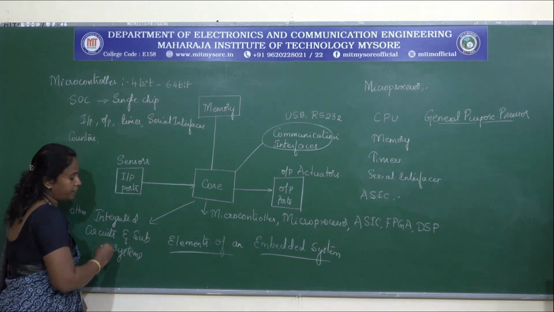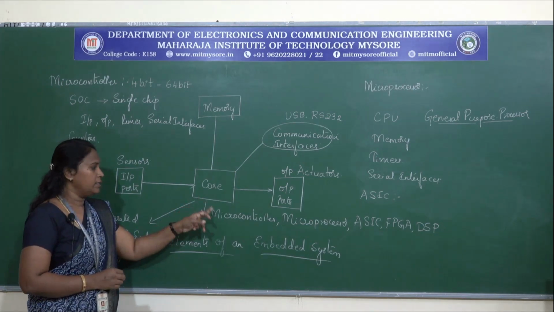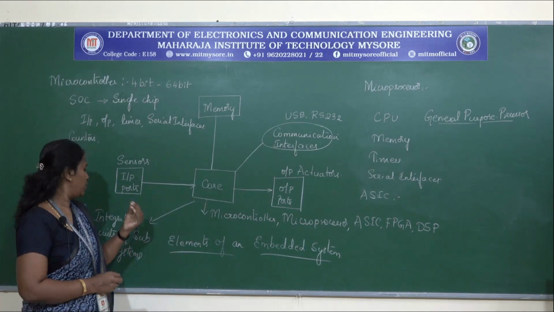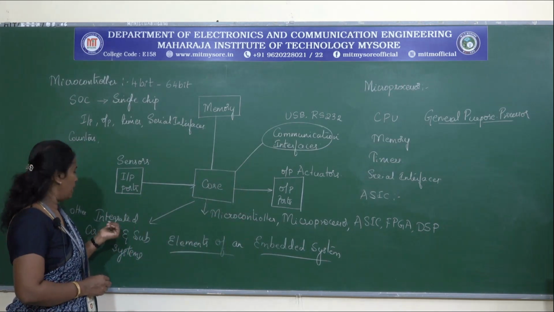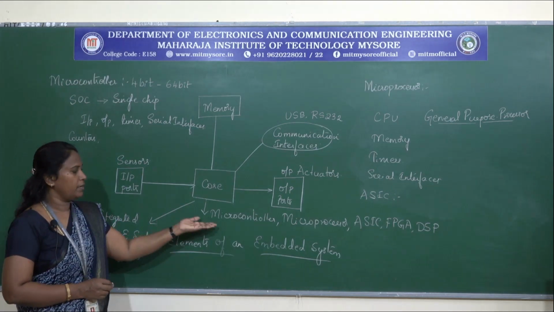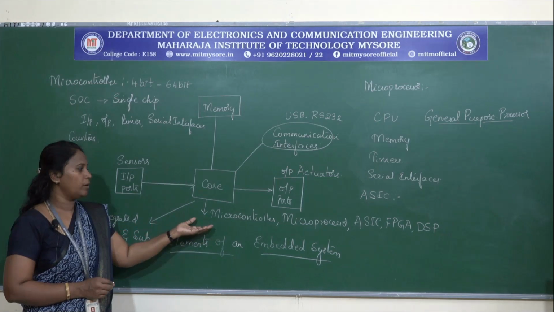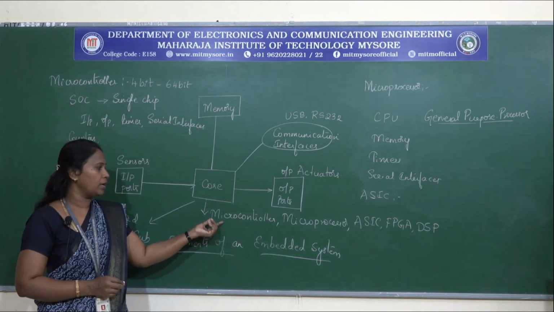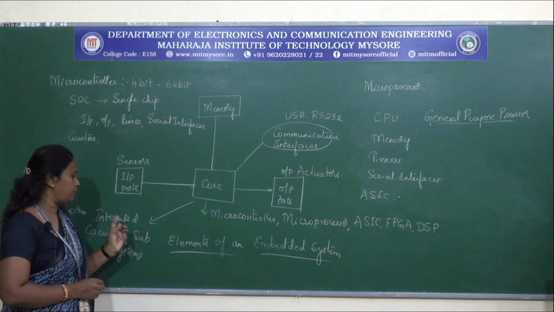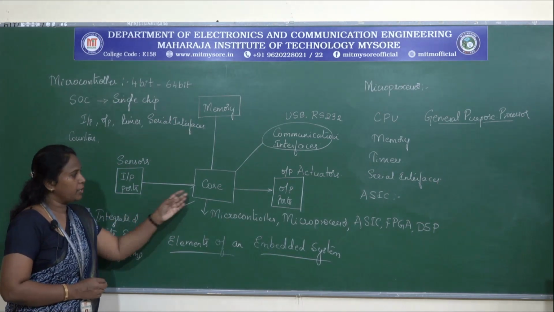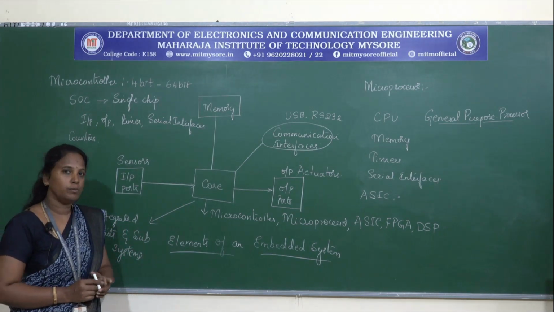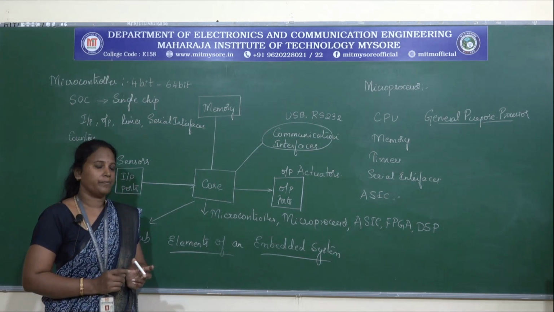That means other than your controller, processor, ASIC or DSP, we can also integrate other ICs if its operation cannot be controlled by using only a controller. Then additionally we can also go for a microprocessor or a DSP with respect to your core. So this complete thing forms the elements of an embedded system.